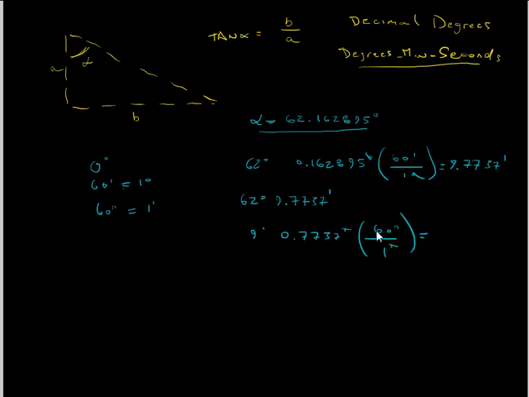It's going to be 60 times 0.7737, which is equal to 46.422 seconds. So our angle in degrees, minutes, seconds will be 62 degrees, 9 minutes, and 46 seconds.